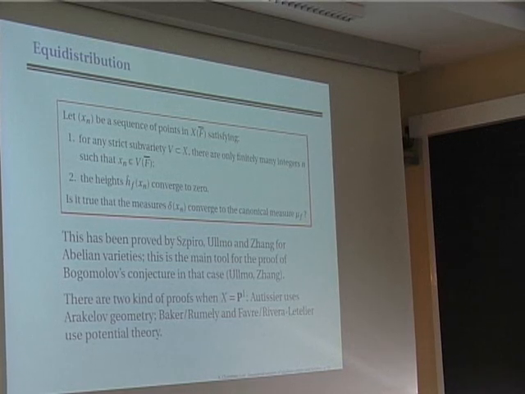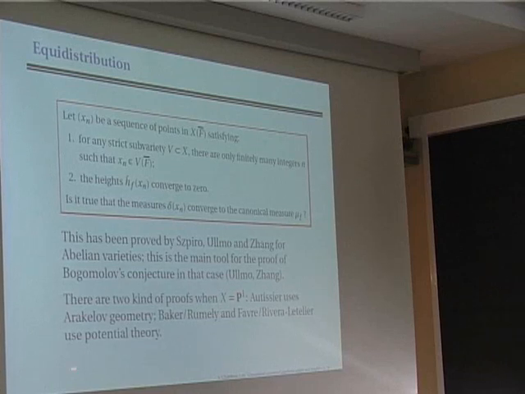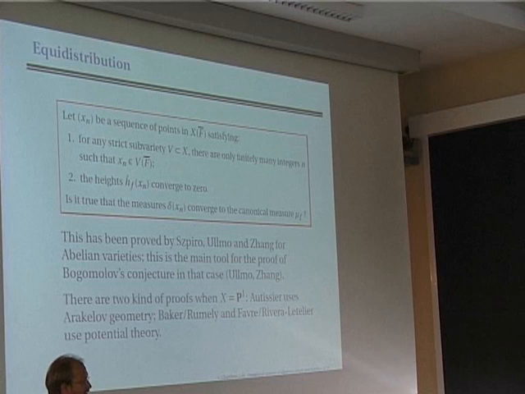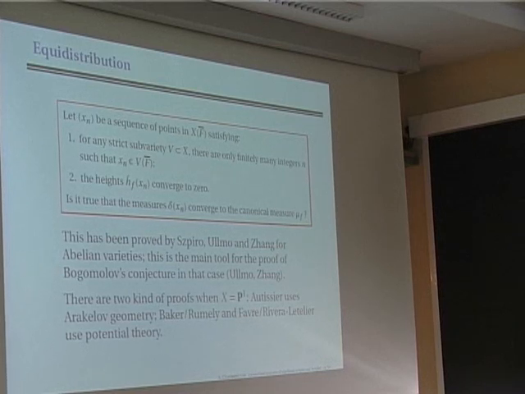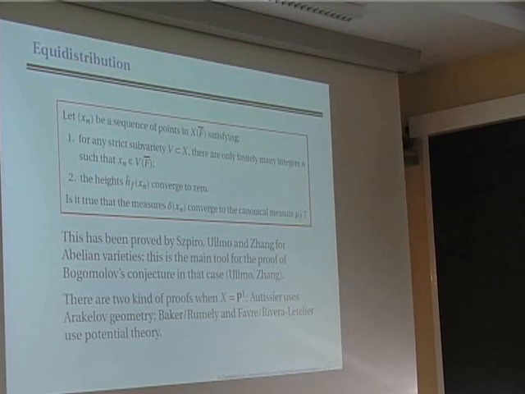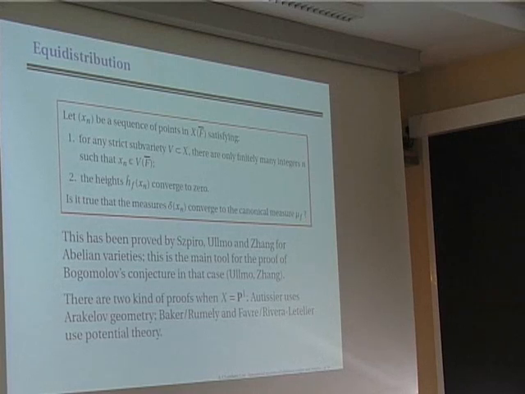The interesting case for people in ergodic theory is the case of the projective line. And there are two kinds of proofs in this case. There is one proof by Autissier, which uses Arakelov theory as was used by Szpiro, Ullmo, and Zhang. And the other proof, by two groups of people, Baker, Rumely, and Favre, Rivera-Letelier, uses potential theory.